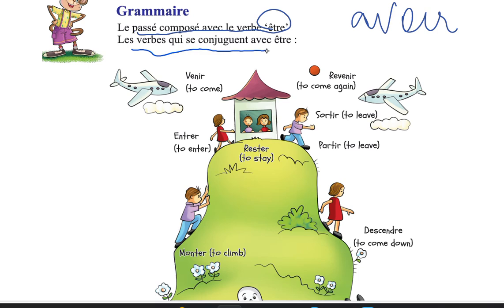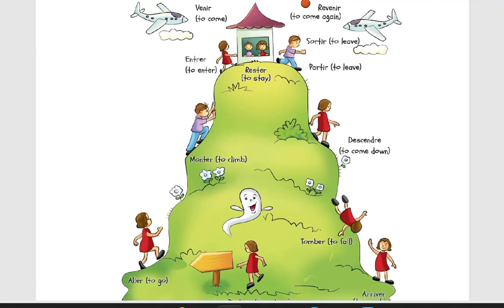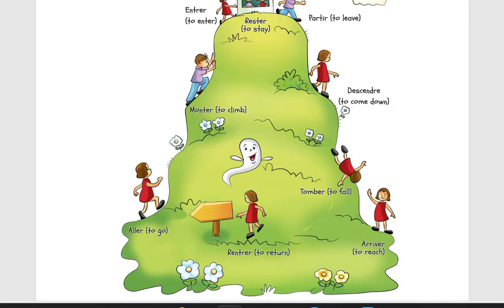Students, les verbes ils se conjuguent avec verbe être. Now there is a beautiful description, right? It is kind of mind mapping. These are the 16 verbs you have to conjugate with the verb être. Let's start with aller. Then she's going in, and this is monter. Monter is to climb, right?